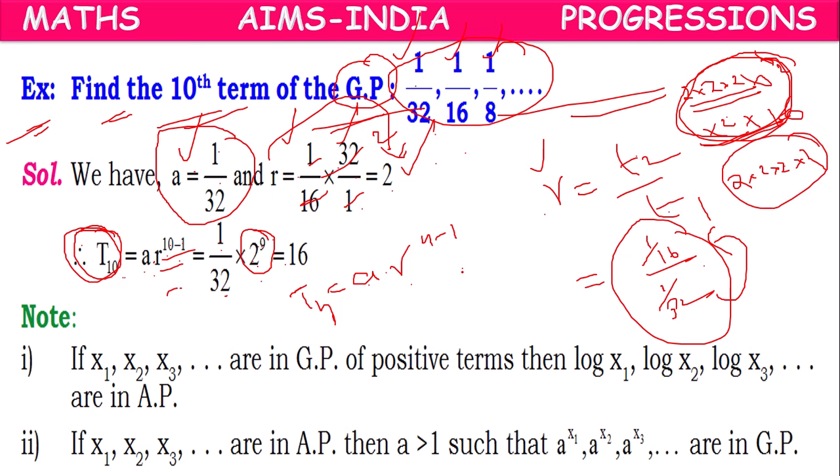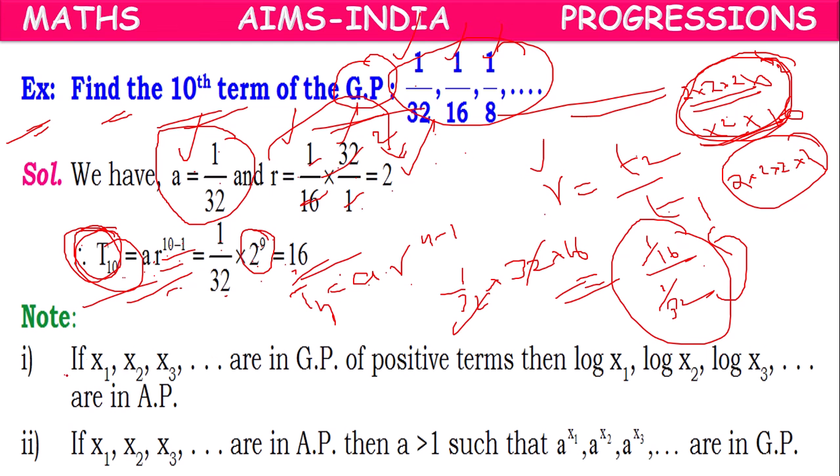So we can write 2 power 9 as 32 into 16. So 32 gets cancelled, 16 will remain. So the 10th term value is 16.